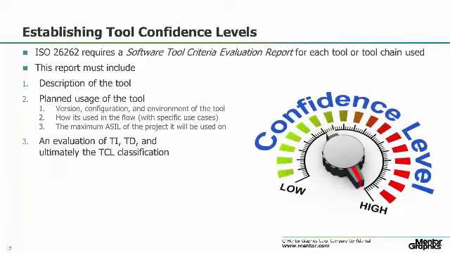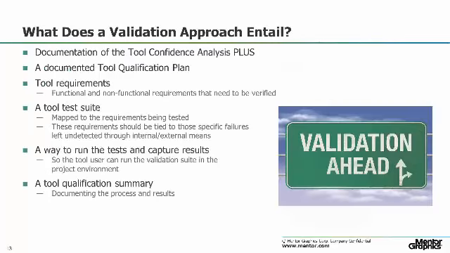And this is something that we're putting together for our tools, so we will be able to provide this level of information with our software, which basically can accelerate your process through these steps.